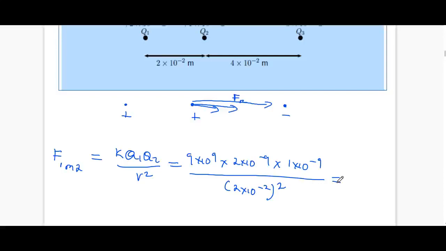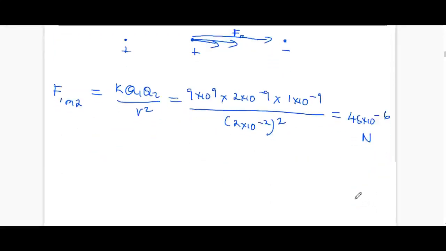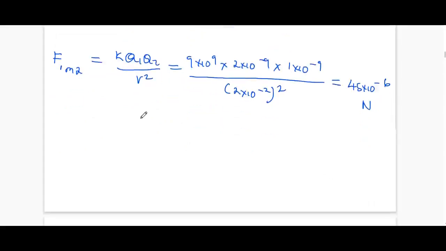I am getting 45 times 10 to the power minus 6 newtons. Now I'm going to calculate another one.